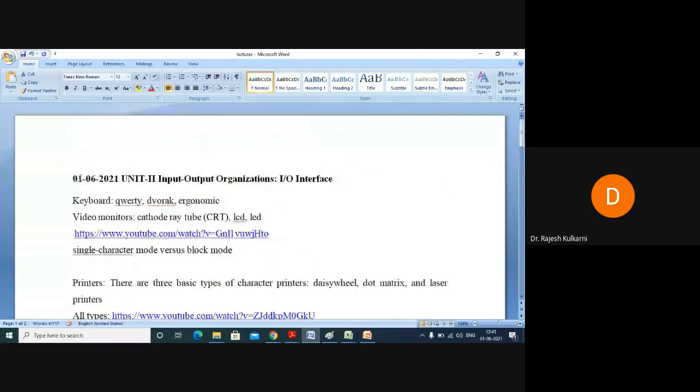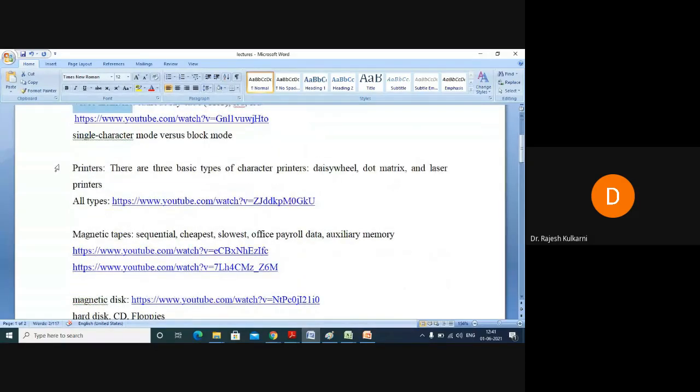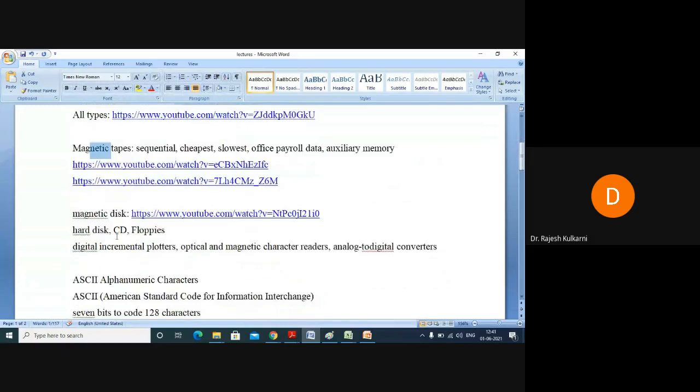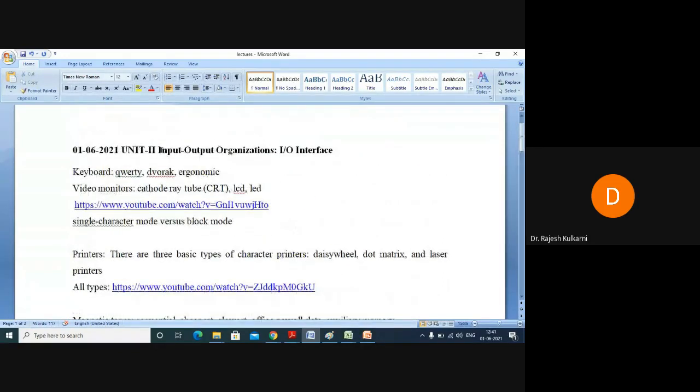So all these devices, whether it is keyboard, monitors, printers, magnetic tapes, magnetic discs, hard disks, CDs, floppies, plotters, card readers, all these come under what? They come under the input output devices. As well, they come under what? Peripheral devices. These are the input output devices. These are the peripheral devices.